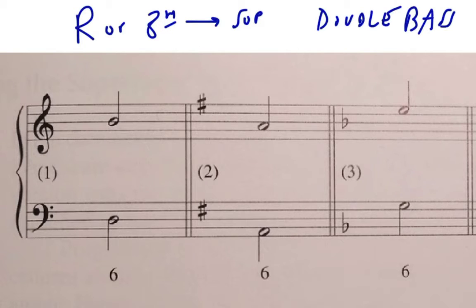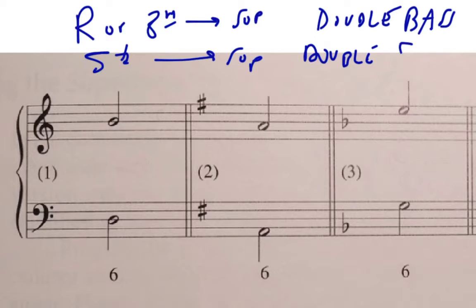However, if the fifth is in the soprano, then double the soprano. In other words, when the root or third are in the soprano, you're doubling the third in the bass. When the fifth is in the soprano, you're doubling the fifth in the soprano.